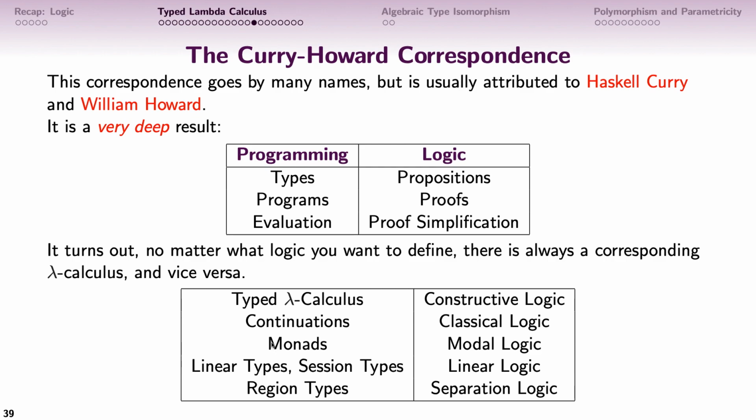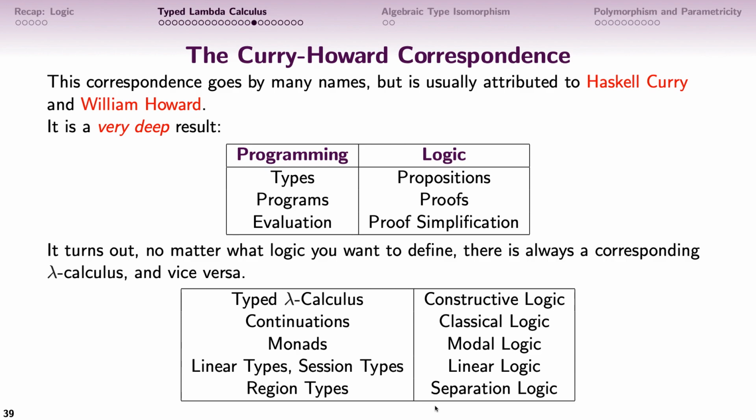If we add monads to our language, we've seen monads before, then we have what's called modal logic. Some of you may have heard of modal logic. If you do the arts logic courses, I think they talk about that. Linear types, which I've mentioned before, although we've not discussed them in this course, correspond to a logic called linear logic. And region types correspond to a program logic called separation logic, and so on and so on.